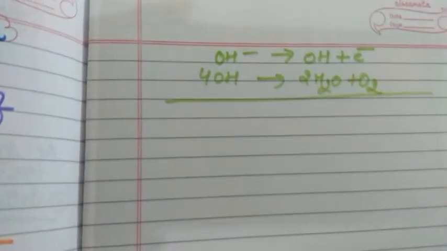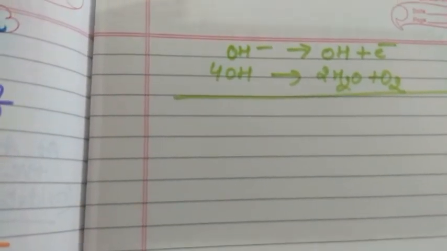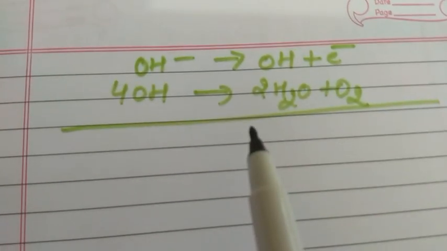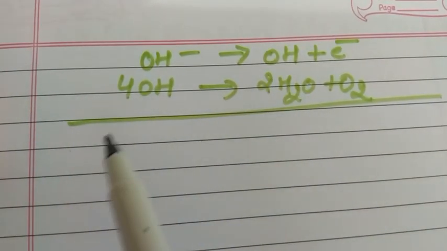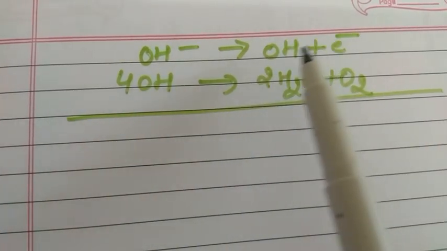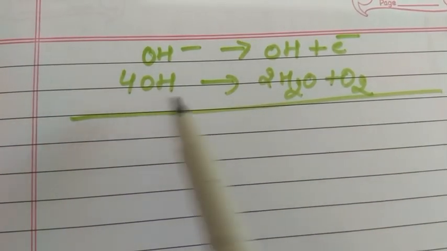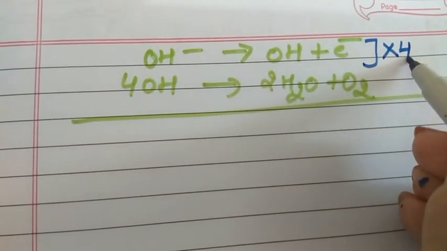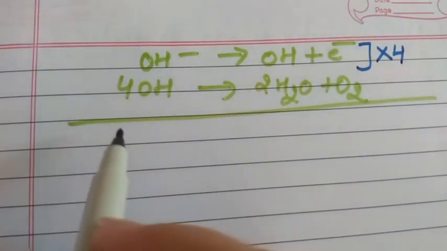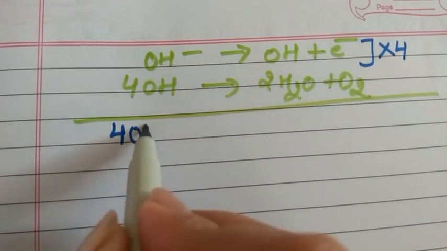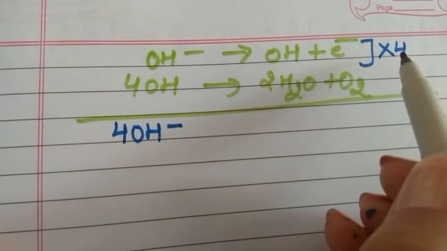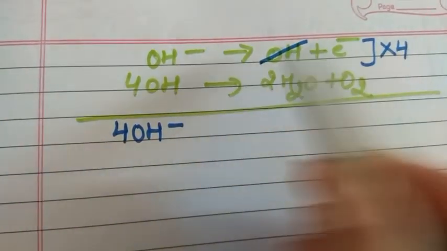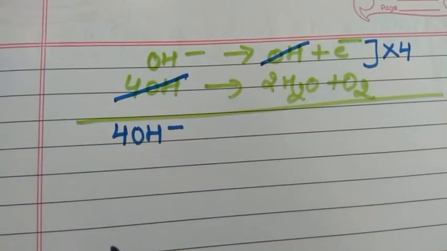Now taking this equation, as I have told you, make the same species equal and just cancel out. Here the same species we have is OH. Here only one OH is there, here 4OH is there. So multiply it by 4. So we will get 4OH-, and multiplying 4 with this, 4OH and 4OH will cancel.